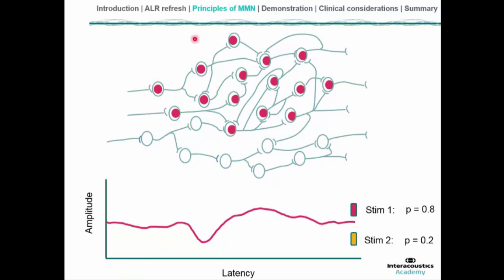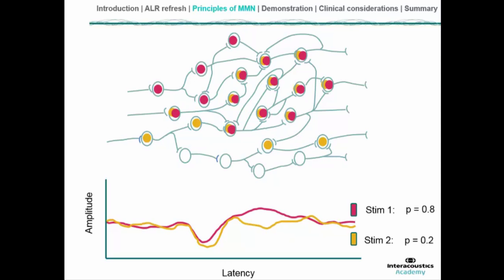So the frequent occurrence of the stimulus sets up this memory trace, which we expect to linger within the central auditory system. Now, within this lingering period, if another sound appears and that sound is slightly different in some way and therefore produces a different firing pattern, and we know that this is going to happen sooner or later in our oddball paradigm, this is when the MMN is triggered.